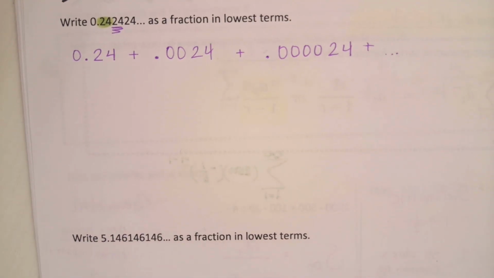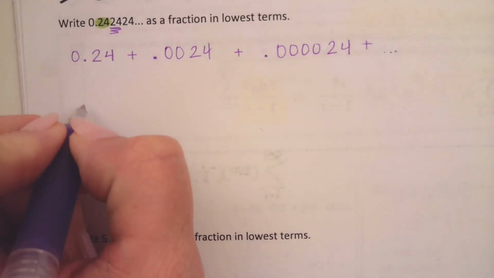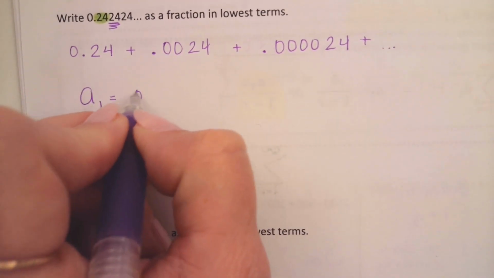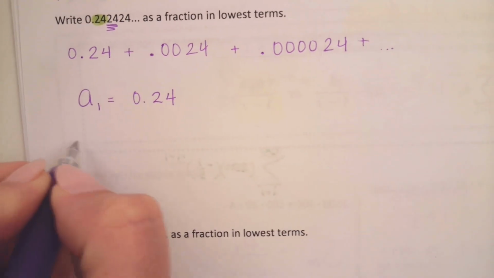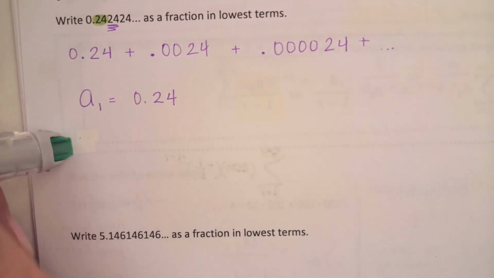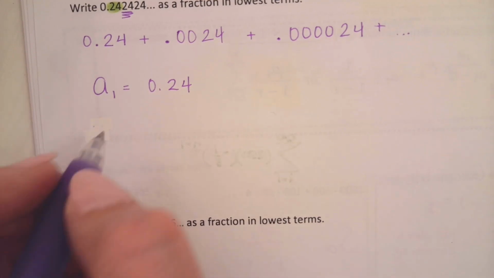So again, this is an infinite series. It is geometric. We are actually multiplying by a number to get from one term to the next term. So if we think about what our starting term is, our starting term is 0.24. What are we multiplying by each time? Just 0.01.